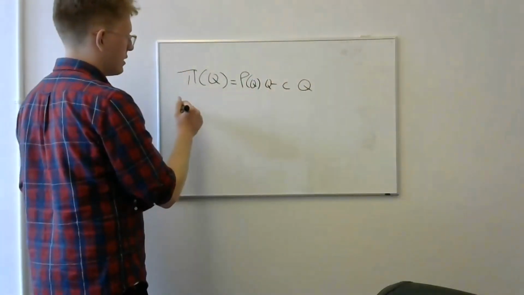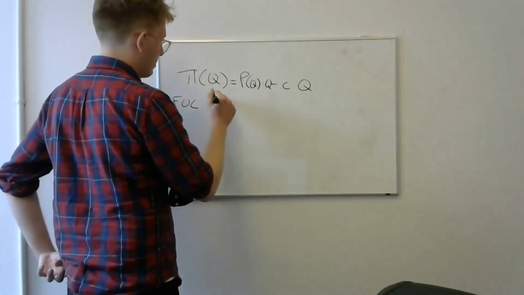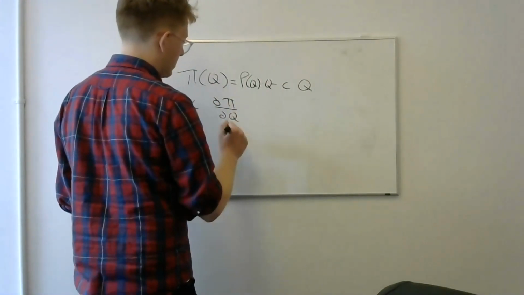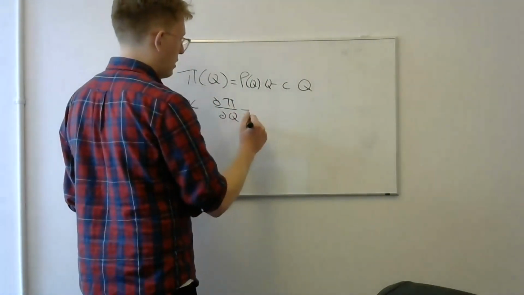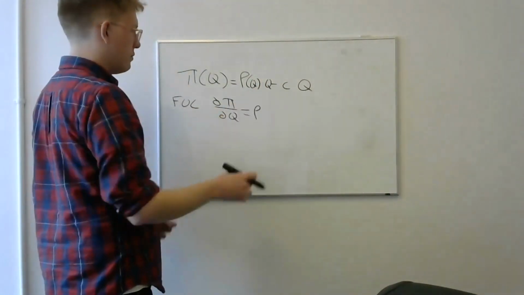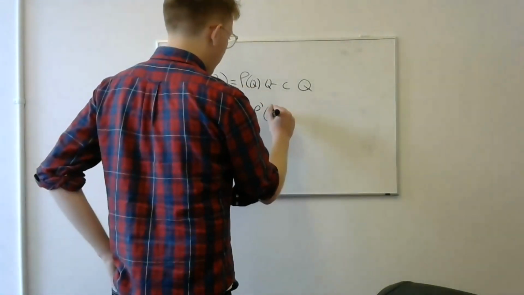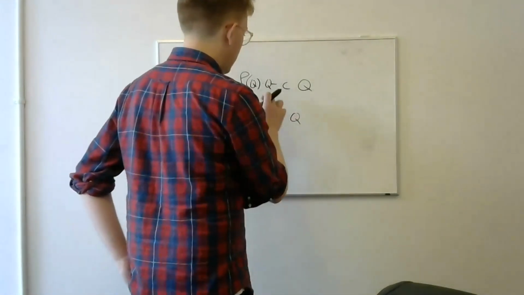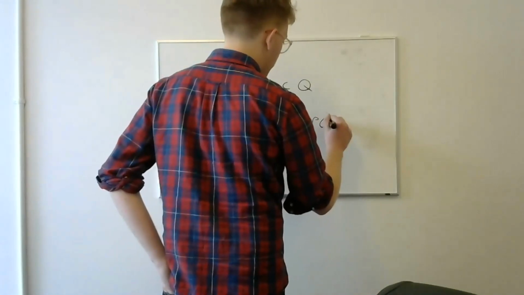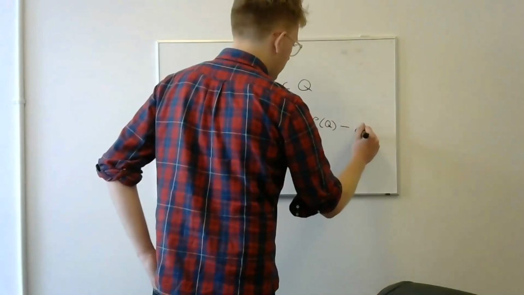Okay, and so now let's take the first order condition of the profit function with respect to Q. So what we'll get is partial profits with respect to Q. I'm going to apply the product rule here. So I'm going to take the derivative of the first term times the second plus the first term times the derivative of the second. So that's that. And now we're just left with this.